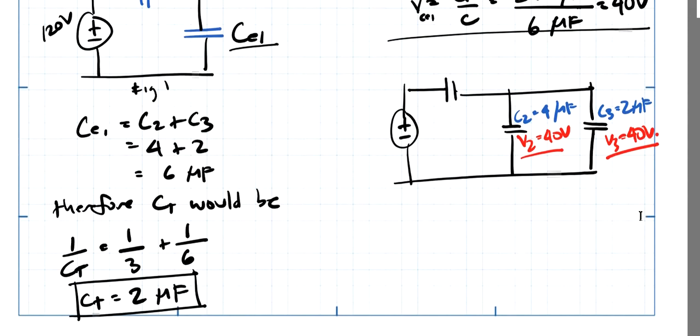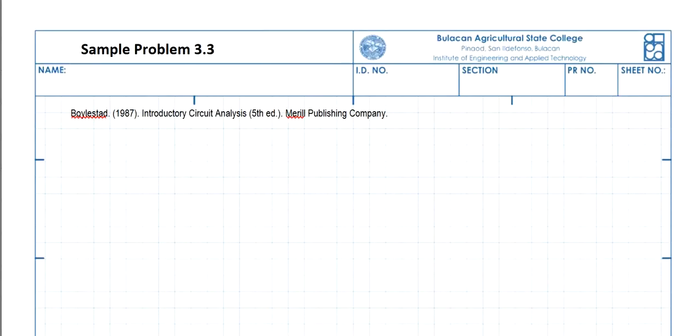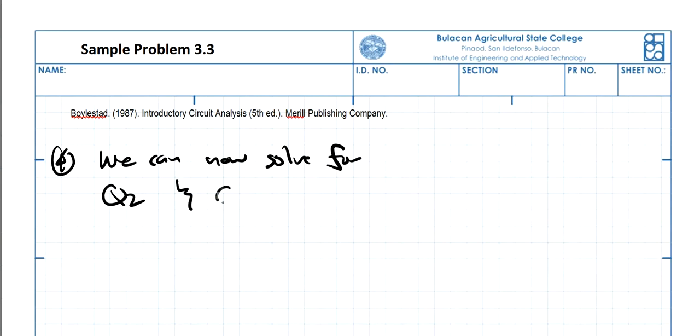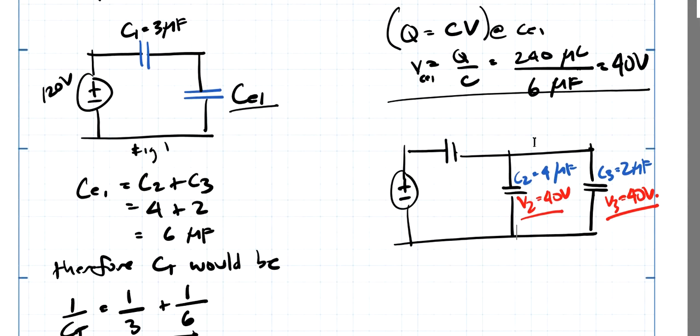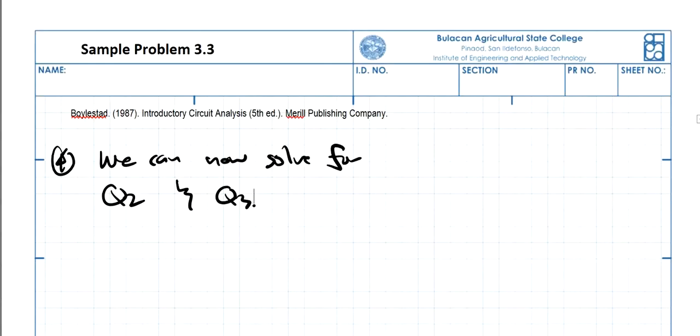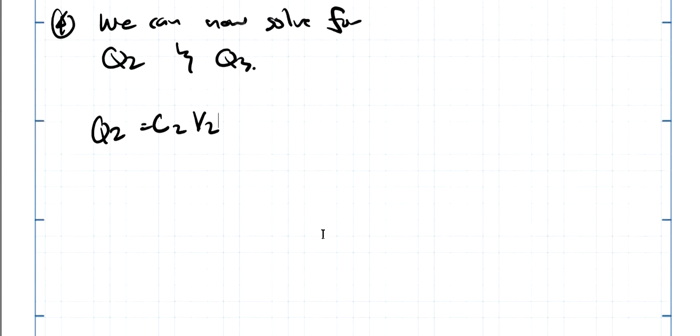Let's solve now for Q2 and Q3. Q2 is just simply C2 times the voltage, and Q3 is just C3 times the voltage.